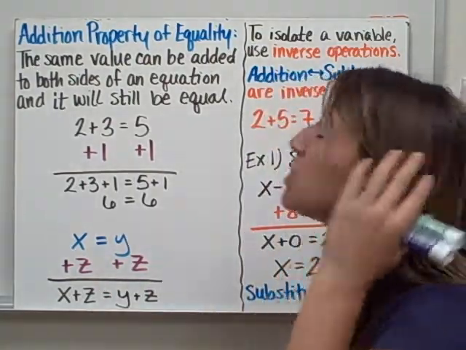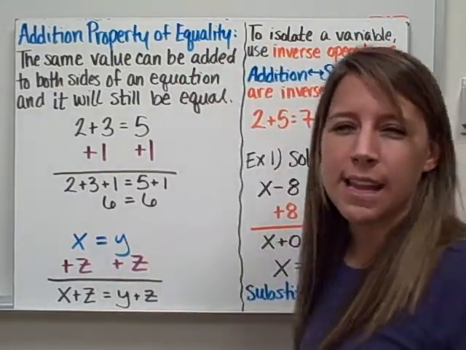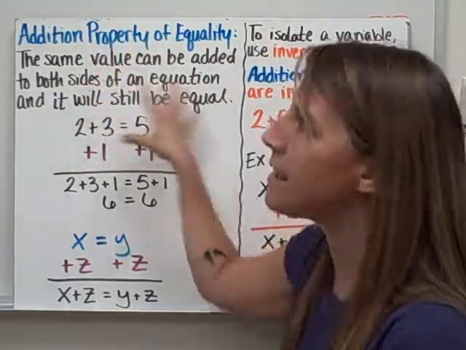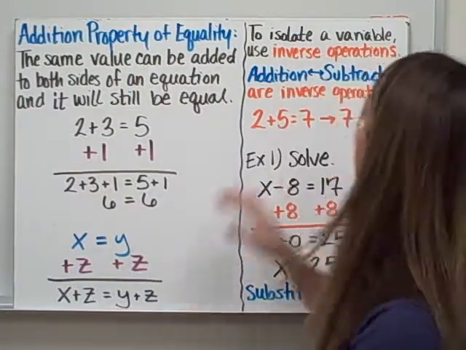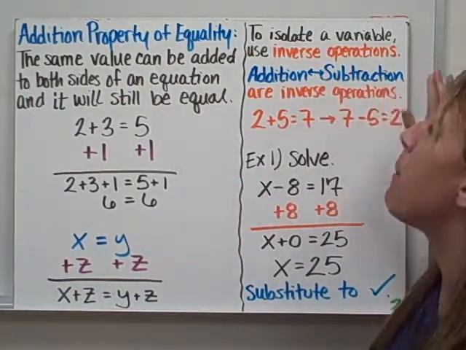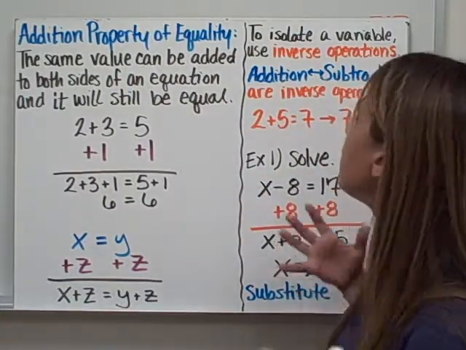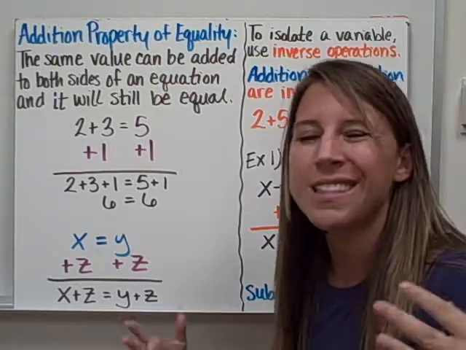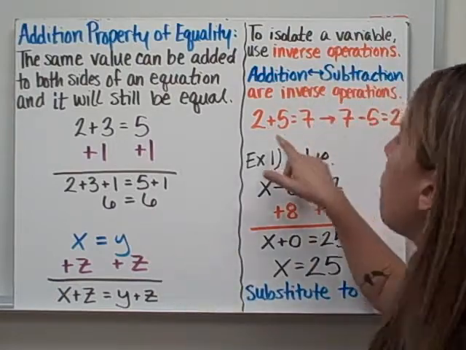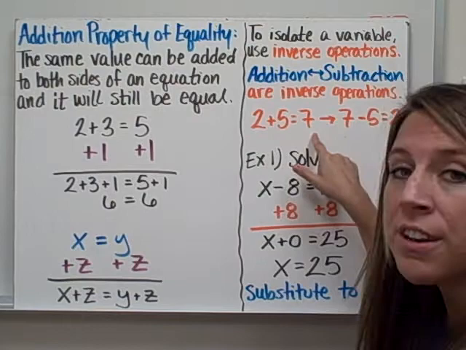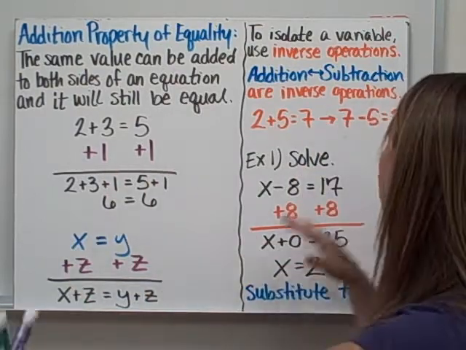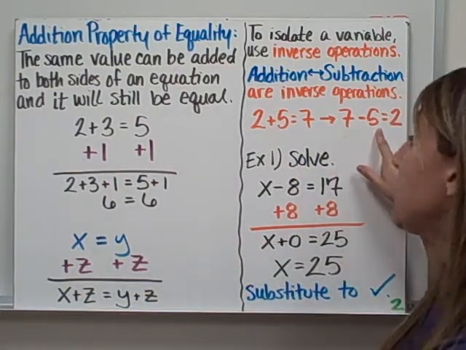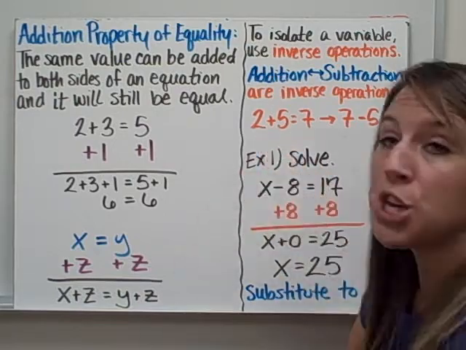So to solve an equation by isolating the variable and using this property of equality, we use inverse operations. Now, addition and subtraction are inverse operations. They undo each other. So, for example, if 2 plus 5 equals 7, well, the inverse of that, we could say, is 7 minus 5, and you get right back to 2.